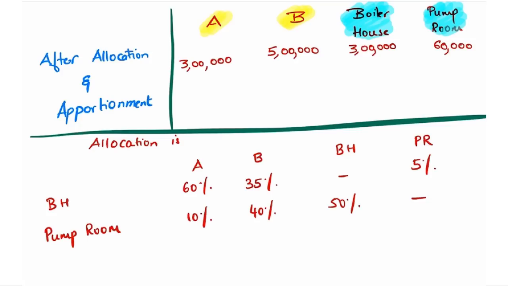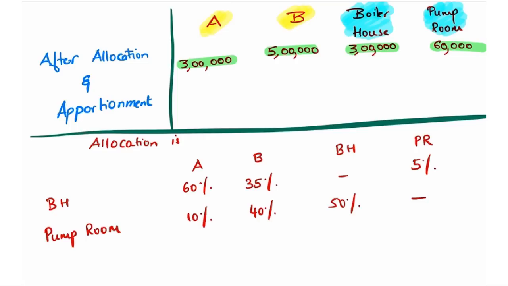In the given question, they have done the allocation and apportionment, and they have said A is 3 lakhs, B is 5 lakhs, C is 3 lakhs, and boiler house is 3 lakhs and pump room is 60,000.